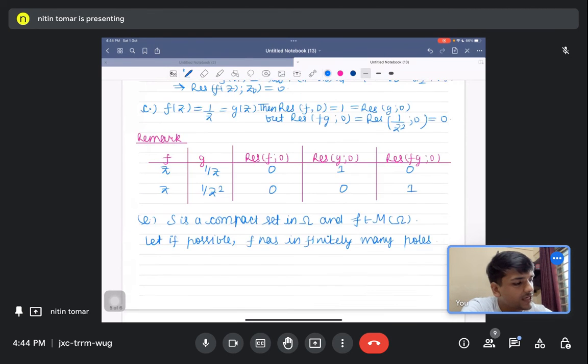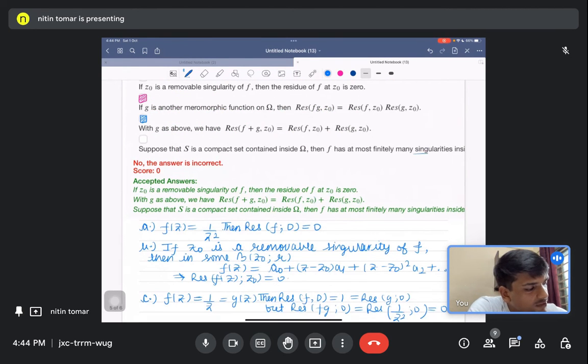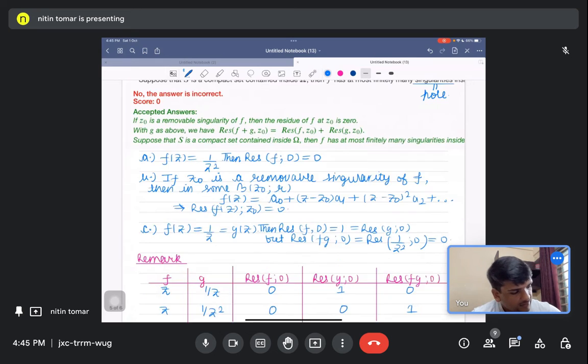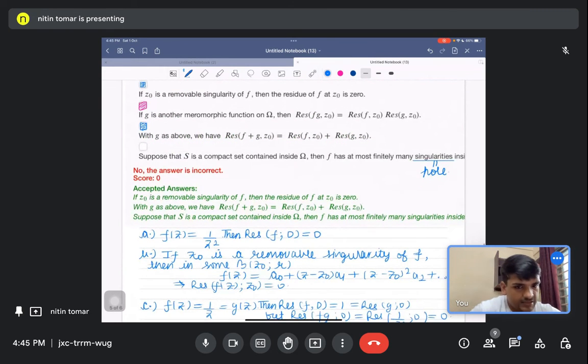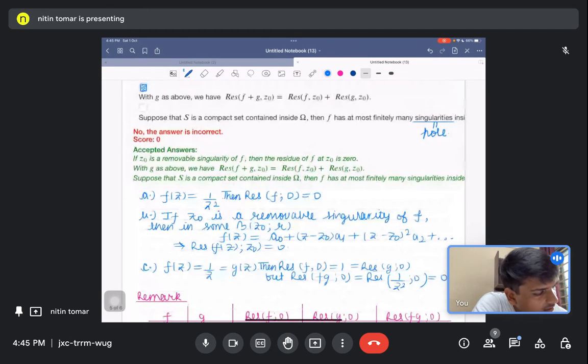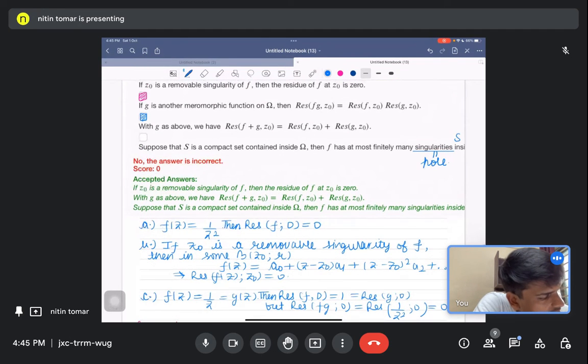So in the question it has been asked about singularities, and any singularity will be a pole only, because f is a meromorphic function. So we are assuming, for contradiction, that it has infinitely many singularities in S. In S, that is also important.